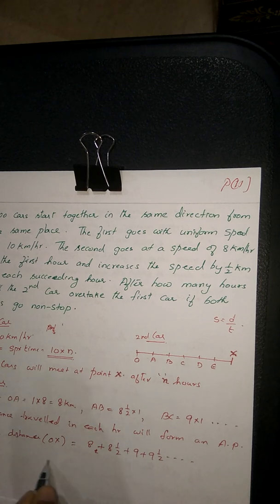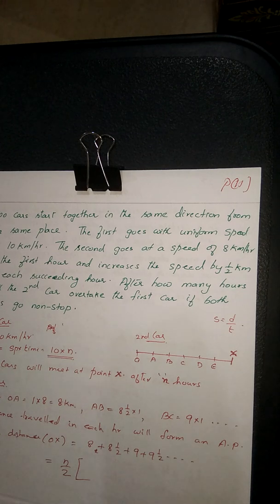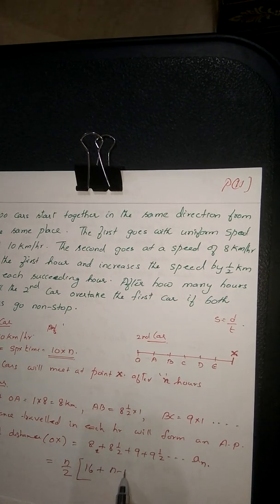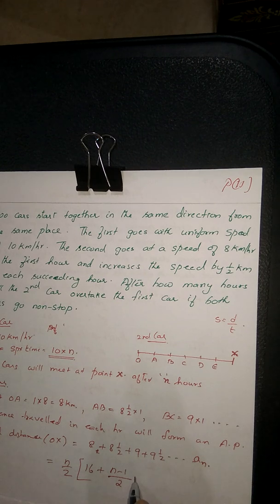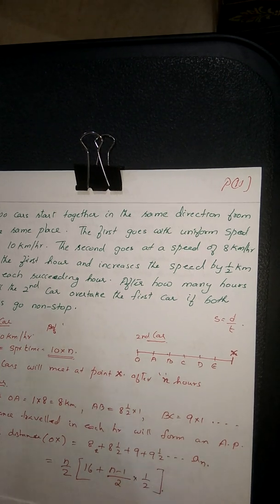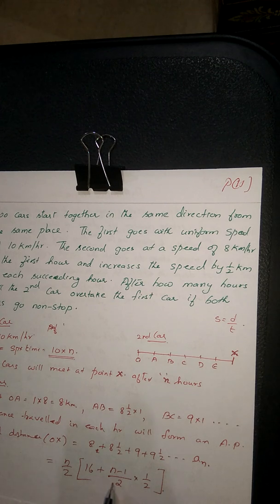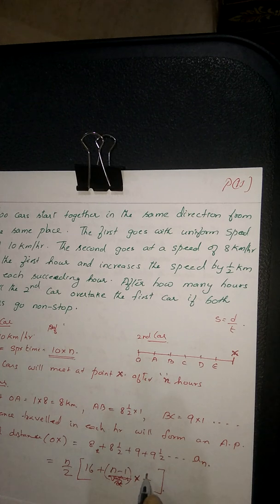So the total distance will be equal to n by 2 into 2a plus n minus 1 into d. 2a is 16, and d is a half, so n minus 1 into half.